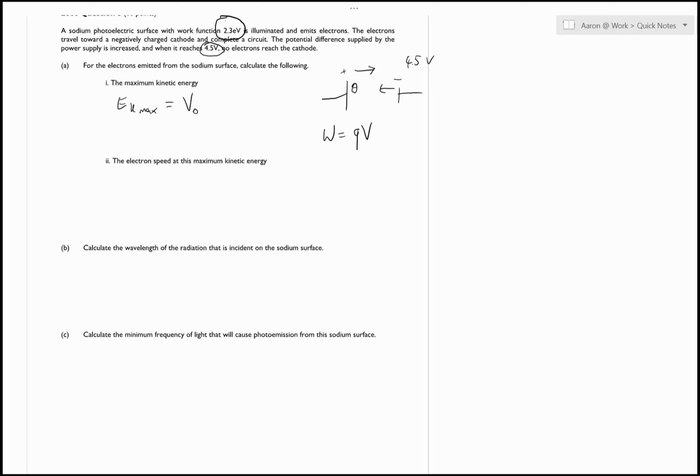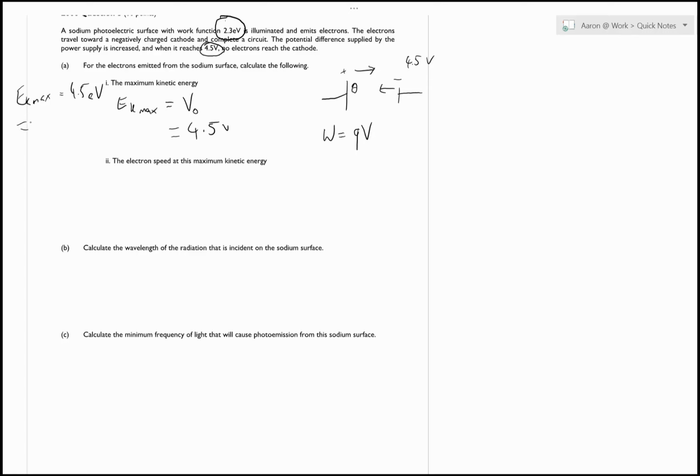So in this case, our kinetic energy maximum is equal to our stopping voltage. Our stopping voltage is 4.5 volts, so therefore our kinetic energy maximum must be 4.5 electron volts. Now we can put that into joules as well if we like.